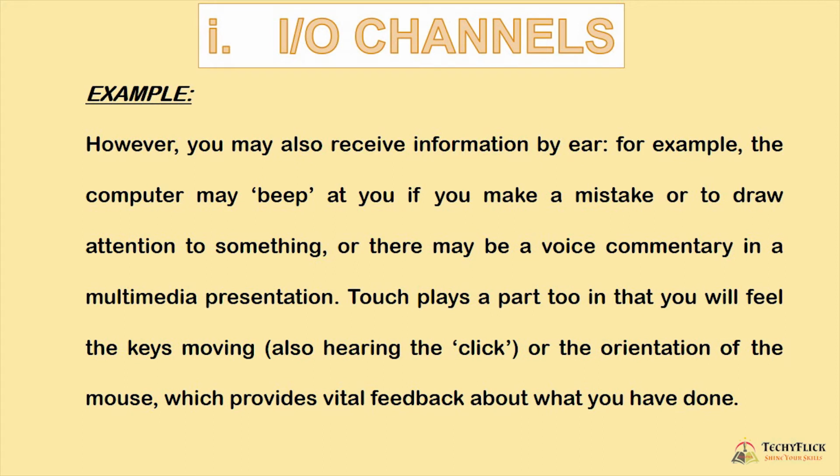For example, the computer may beep at you if you make a mistake or to draw attention to something. Or there may be a voice commentary in a multimedia presentation. Touch plays a part too, in that you will feel the keys moving or the orientation of the mouse, which provides vital feedback about what you have done.